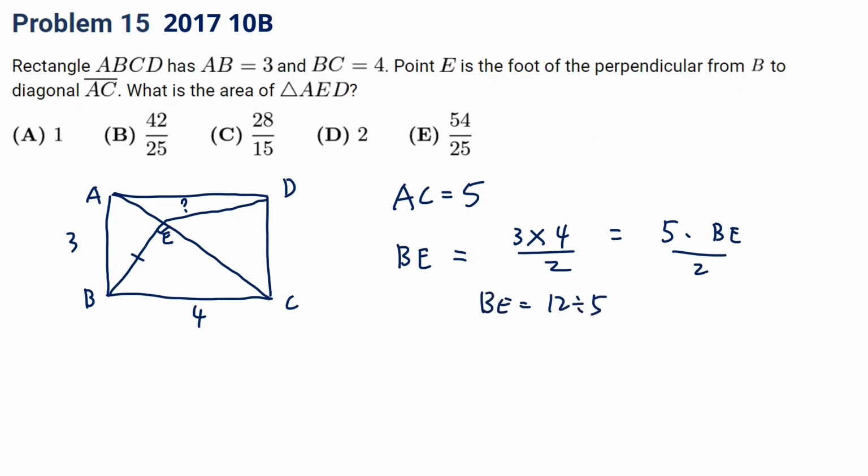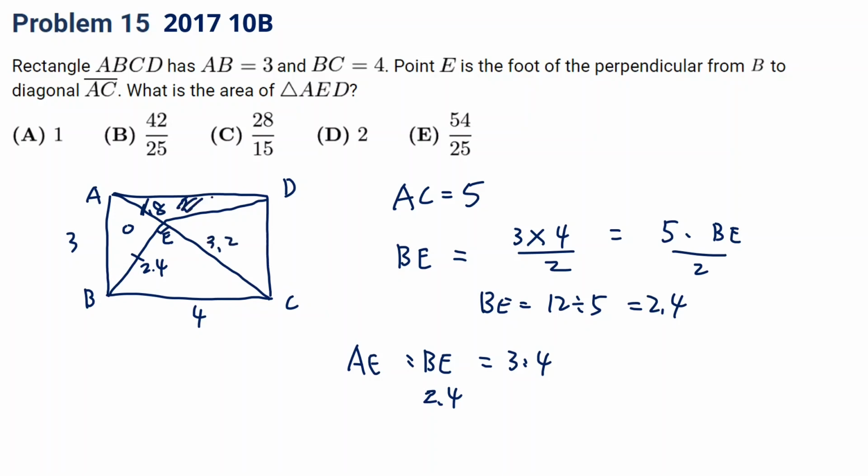BE will be equal to 2.4. So this is 2.4. And then AE. This is a similar triangle. We know AE over BE should equal 3/4. Since BE is 2.4, AE will be 1.8. And the EC will just be 3.2.